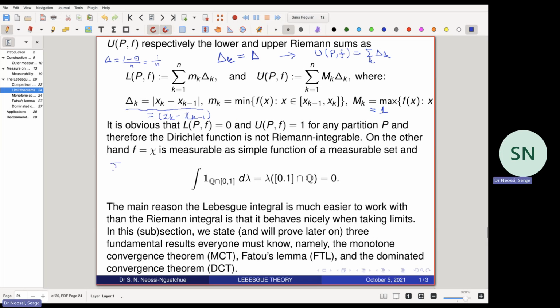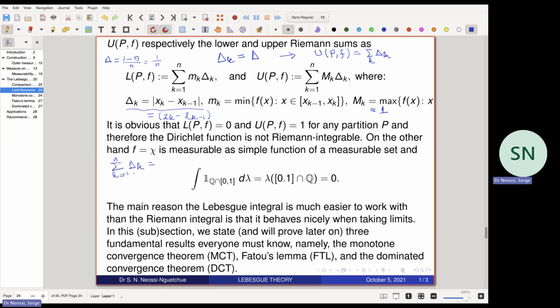So the summation on k, when k runs from 1 to n, of delta k, it will be what? It will be this sum.